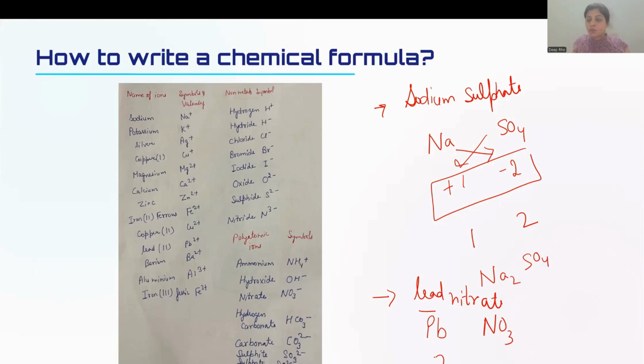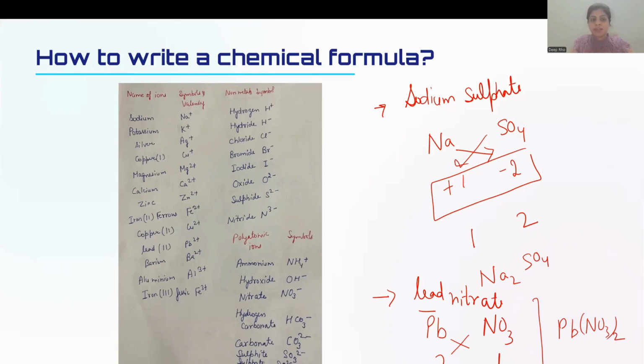As I told you, there is no need to write the signs, you simply write their valency. Nitrate has 1 valency. So by crisscross, you get Pb(NO3)2. This is the formula for lead nitrate. This way, you can write a number of formulas, which will help you during the balancing of chemical equations.